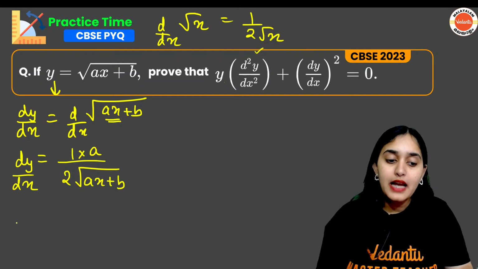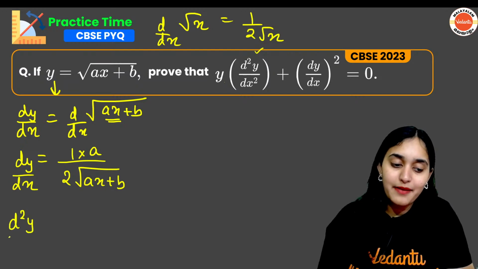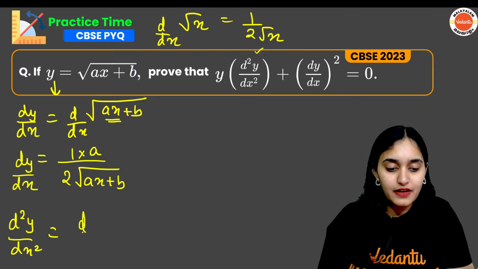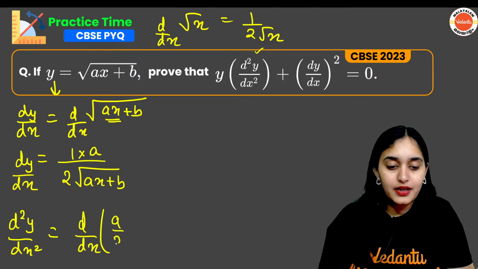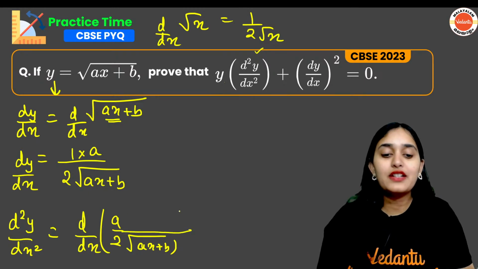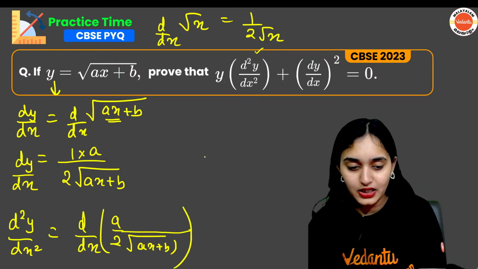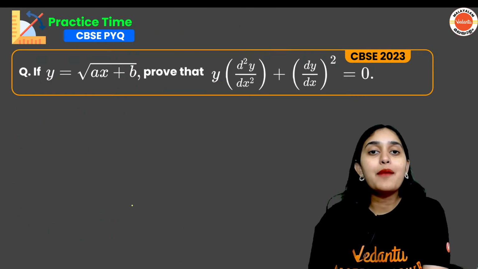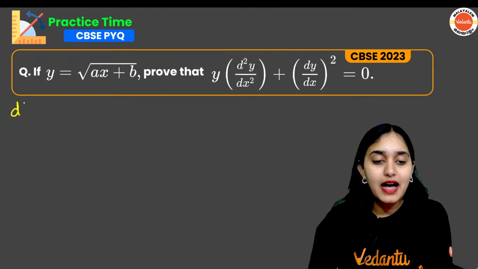Now what will be d square y by dx square? Double differentiation. So differentiate again a by 2 root ax plus b. When we differentiate it again, what do we get? Differentiation of numerator upon denominator. How do we do that?